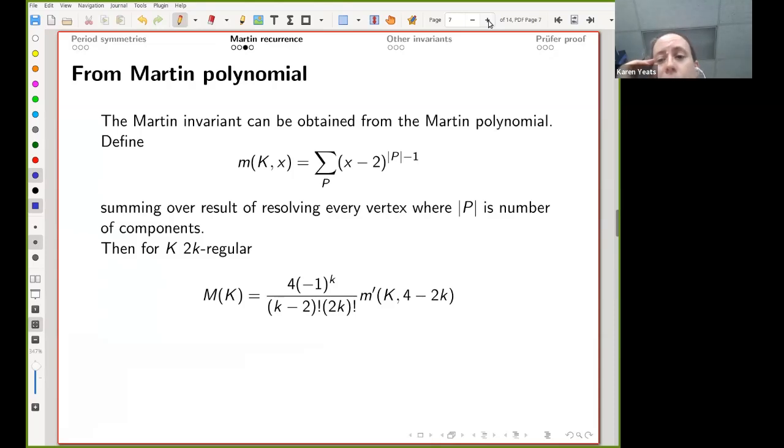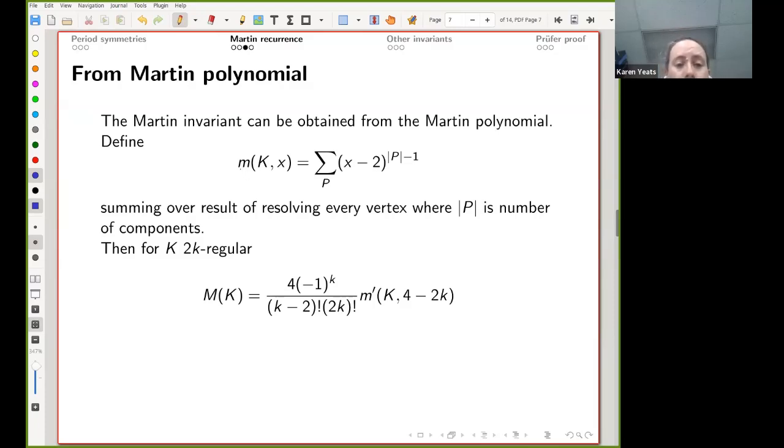All right. Now, if you like your graph polynomials, you might have thought about the Martin polynomial at some point. I think it's a tad old-fashioned at the moment, but it's a perfectly nice polynomial. There's a few different normalizations again and a few different choices of variable, but I'm going to define it this way.